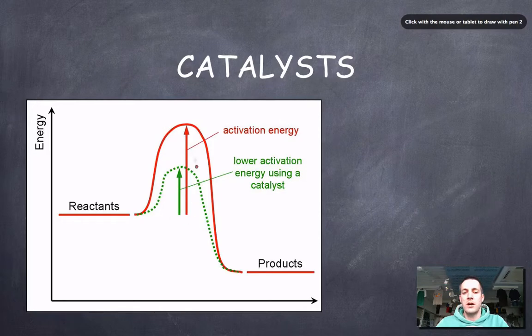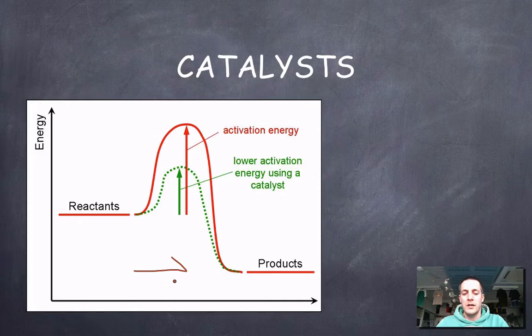Now, on this diagram, we've got the activation energies shown for the forward reaction. But I could equally well show the activation energies for the backward reaction. That would be without the catalyst, and this would be with the catalyst.